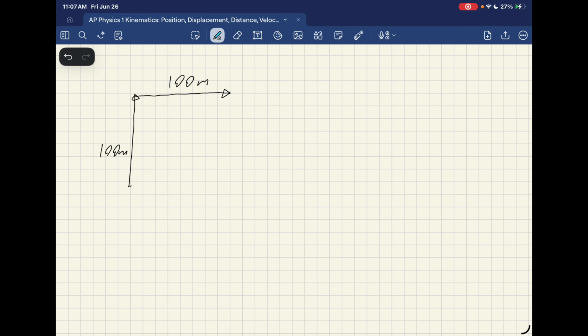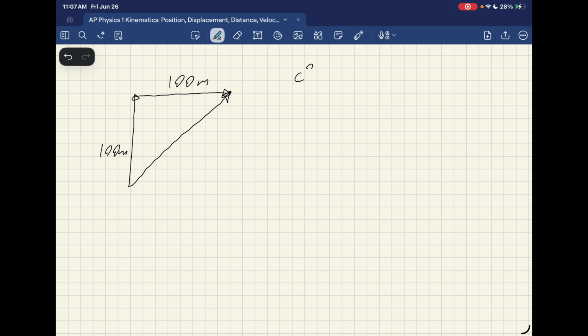So it is the length of the hypotenuse there, calculated using Pythagoras' theorem, which is a squared plus b squared equals c squared. The Pythagorean theorem is going to be one of the most useful theorems to use in AP Physics 1.